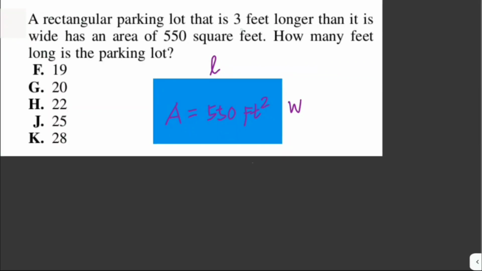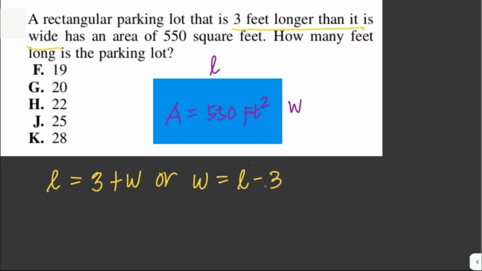Okay, it says here that it is 3 feet longer than it is wide. So let's translate that into a mathematical equation. So that means the length is just equal to 3 plus the width, or the width is just equal to length minus 3.